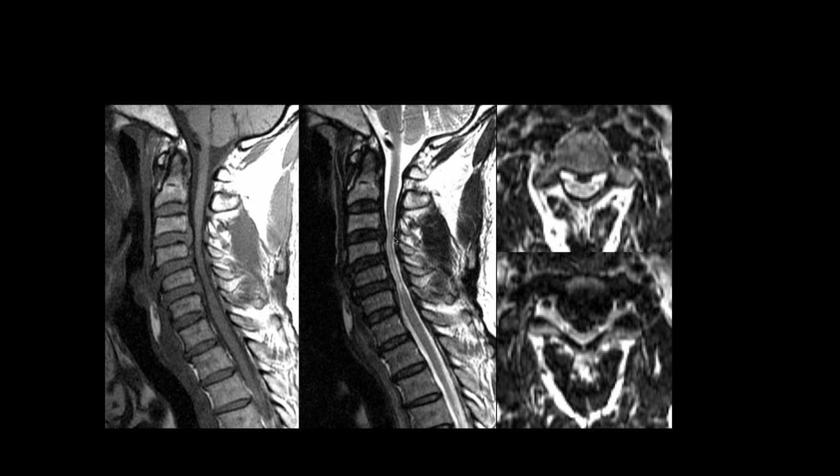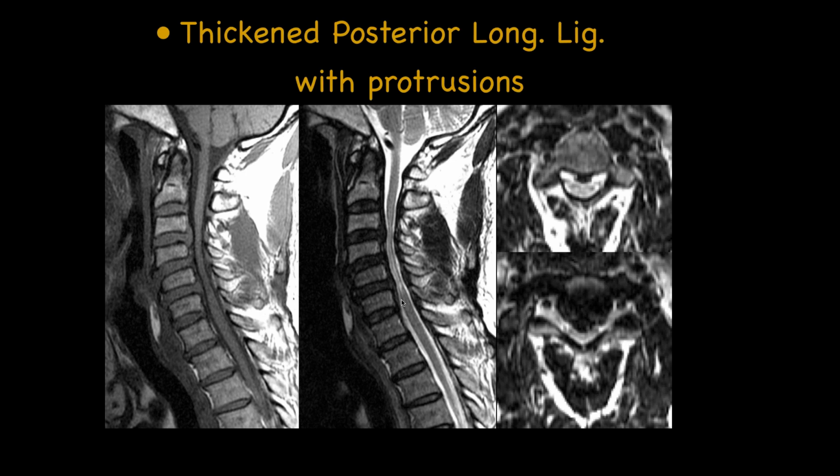The canal is very small, and there's a lot of atrophy of the cord and abnormal signal intensity within the cord. On the axial images, you can see where there's been this chronic pressure compromise of the cord, which has probably led to ischemia and atrophy of the cord in this particular patient.